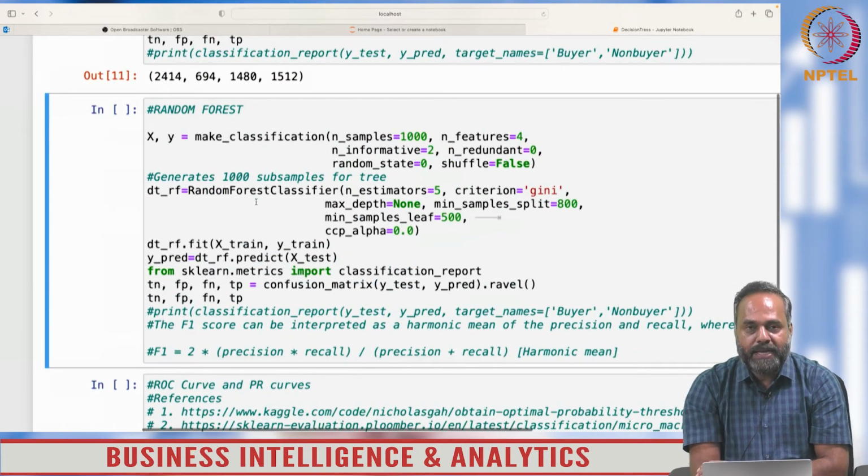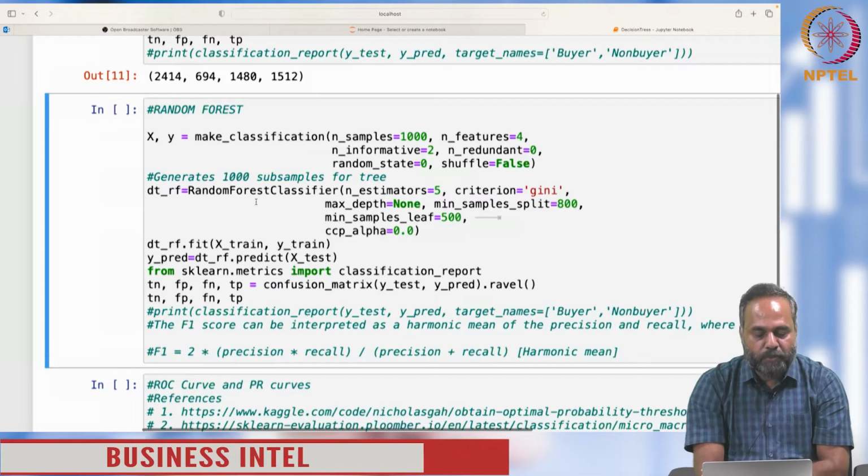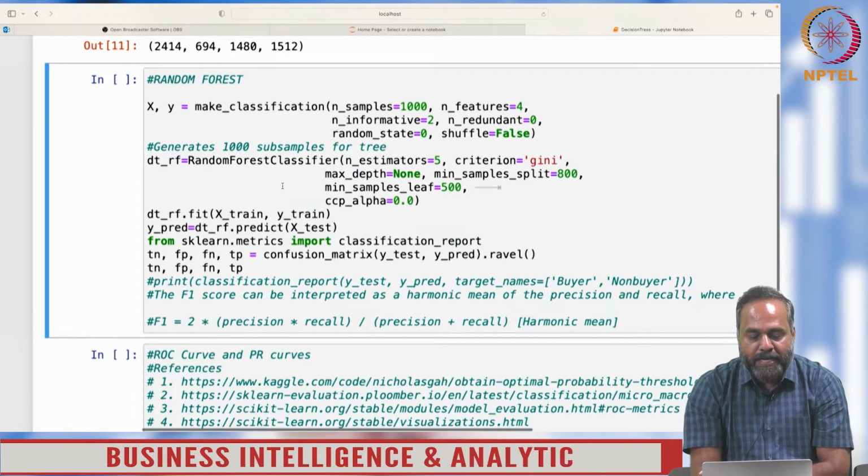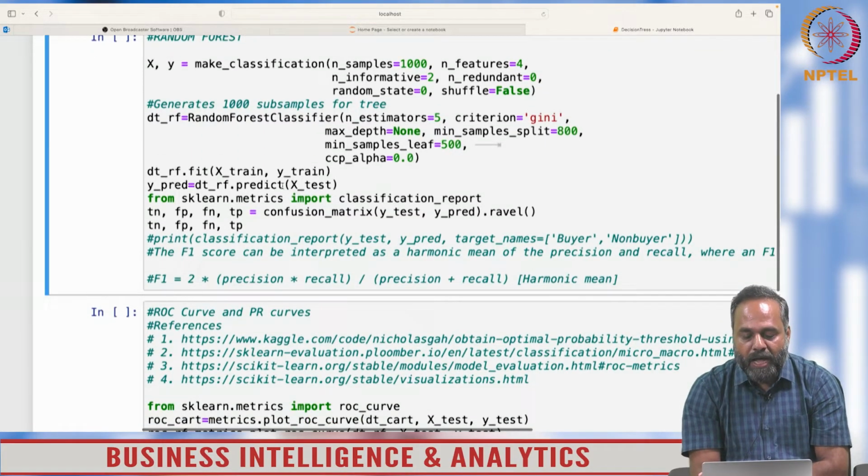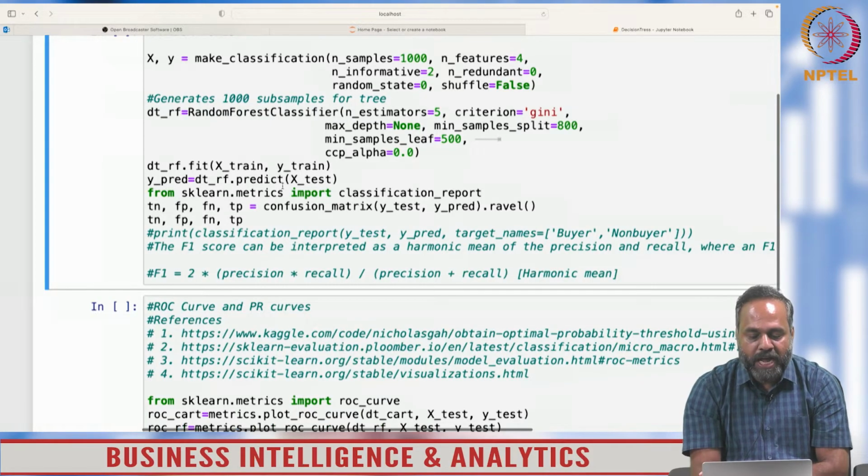Now in the next module, I am building a random forest. We discussed what a random forest is. Its algorithm is different, but random forest generally outperforms our CART algorithm. So the procedure is the same.